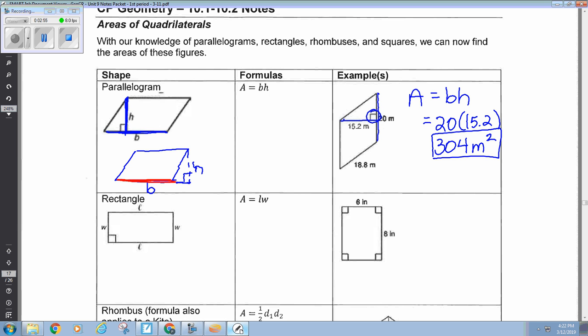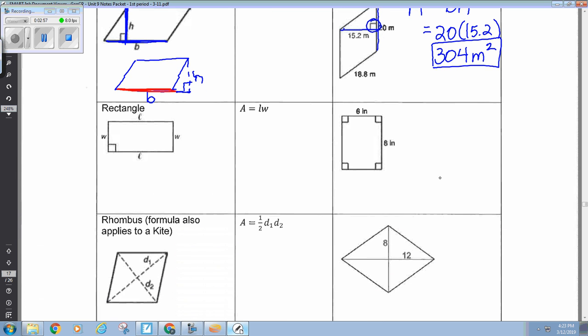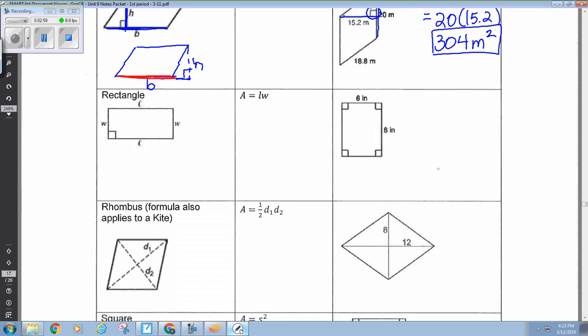Moving on to a rectangle. Most of you have done rectangles before, middle school, algebra 1, etc. So for a rectangle, you have your length and you have your width. Area is length times width. Pretty simple and straightforward. You might have also heard of the area of a rectangle being base times height. It is the same principle.